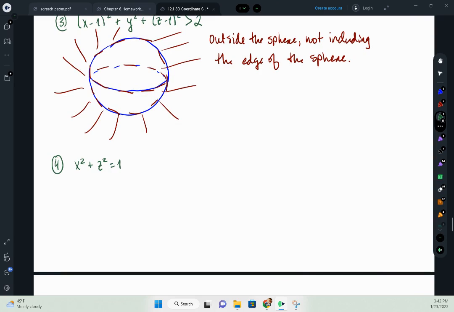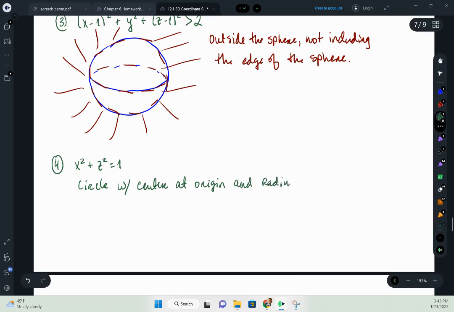This looks like a circle with center 0, 0, except it's x and z. That's kind of weird, right? I'll just say at the origin. That keeps it simple. And radius 1.